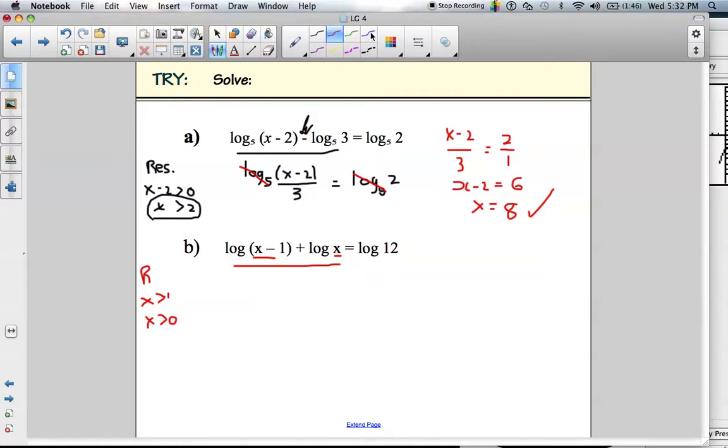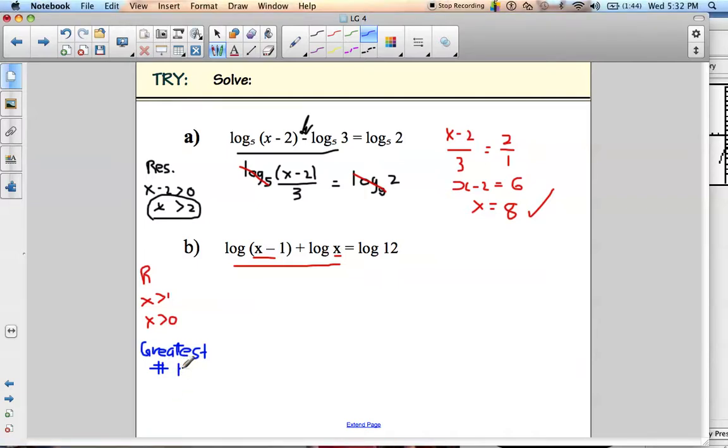Now when you have 2 restrictions, we have to remember this rule. The greatest number rules. So you have to say to yourself, which number is greater, 1 or 0? Greatest number rules.